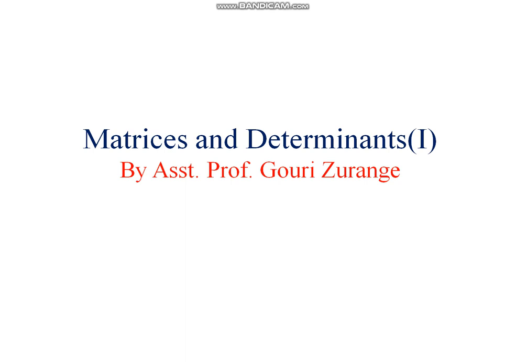In this video lecture, we start the topic matrices and determinants. We know matrices are formed by horizontal rows and vertical columns, and a determinant is an expression of a matrix, and we can find the determinant of only those matrices whose number of rows and number of columns are equal.